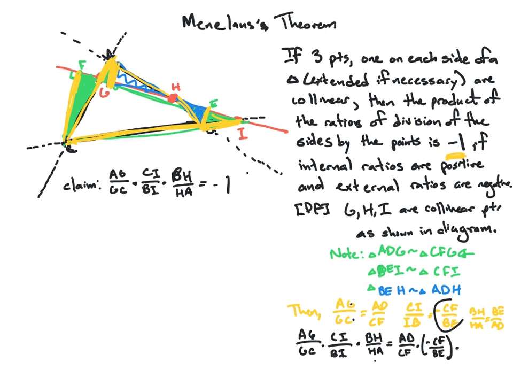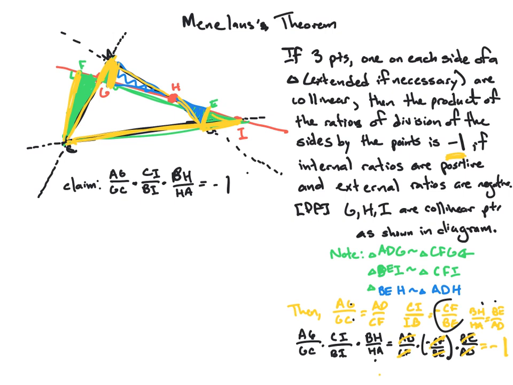And BH over HA is equal to BE over AD. So it's really just a question of picking out the ones we want to see. The CF, BE, BE, AD cancel, and we have the negative, so this just becomes -1. And we're done.